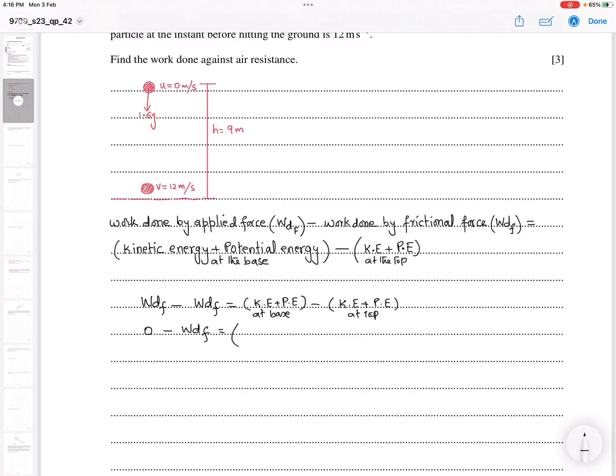kinetic energy. The formula is 1/2 mv square plus the formula for potential energy is mgh minus same thing, let me write it here, half mv square plus potential energy is mgh.